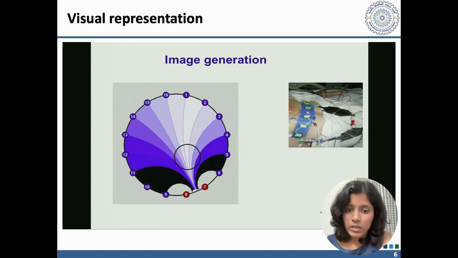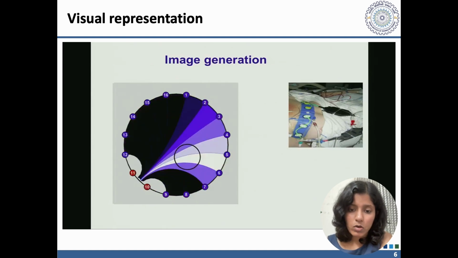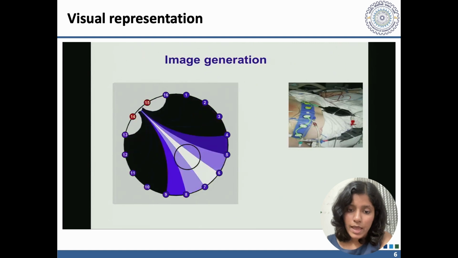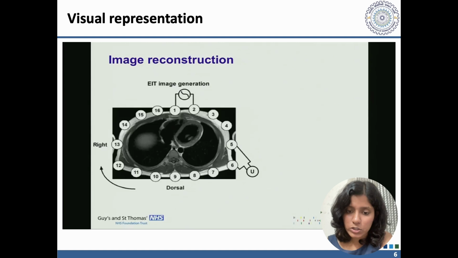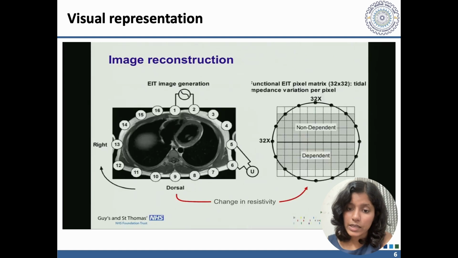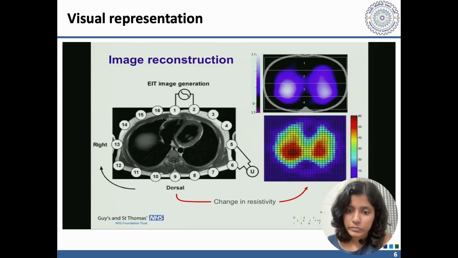We do the same thing for all the other pairs of adjacent electrodes, and from these obtained voltage measurements we get the electrical conductivity distribution by solving the inverse problem of EIT. Here is the visual representation of the inverse problem.